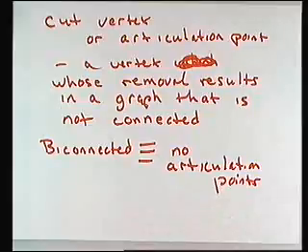And if we don't find any, then we know the graph is biconnected, and otherwise we know it's not biconnected. One way we can approach this is to say, let's do a search in the graph. And we're going to want to use a depth first and not a breadth first search, and I'll explain why.